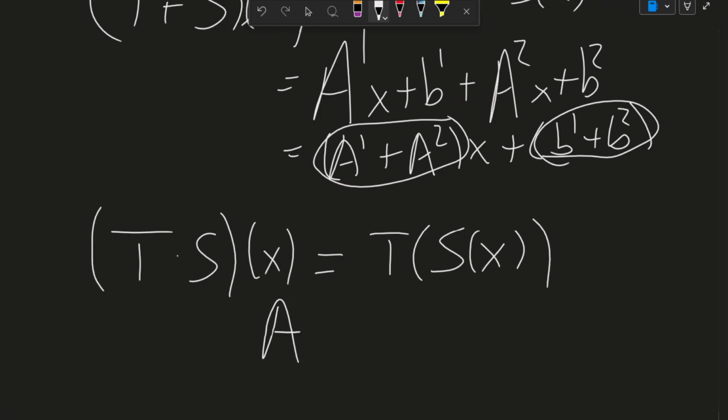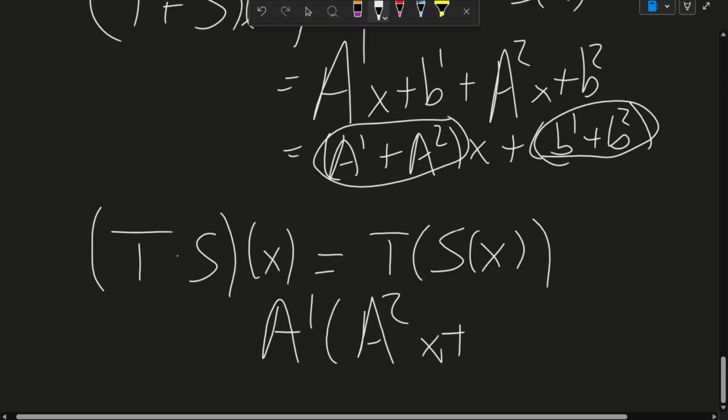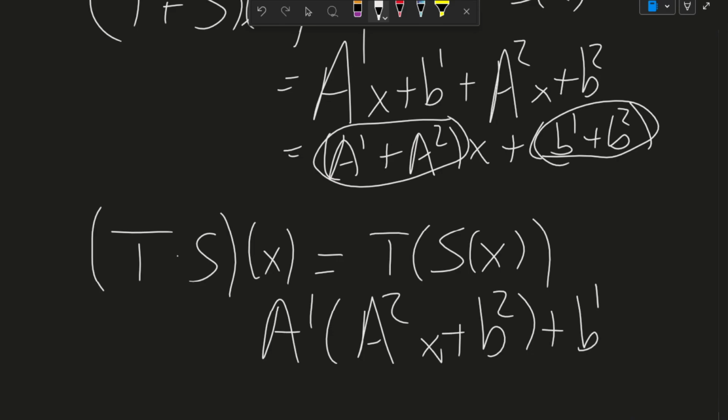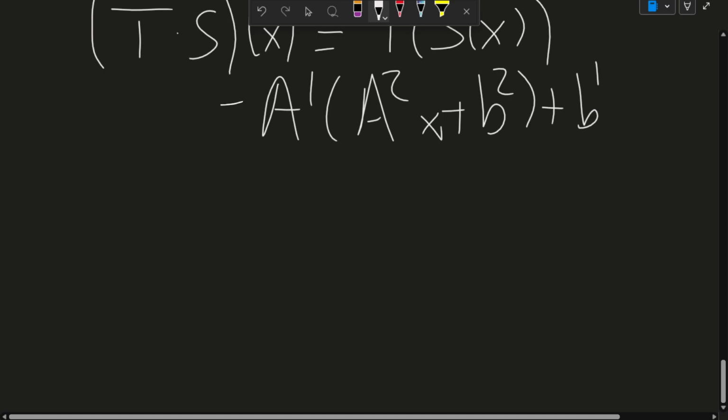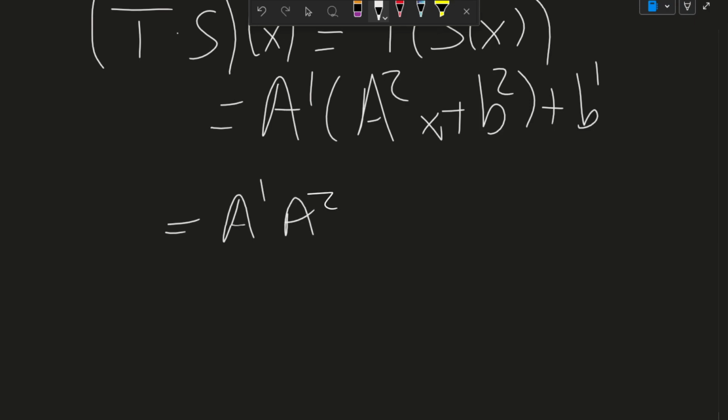We get A1 times (A2 x plus b2) plus b1. We can distribute this out, and it turns out that this is equal to A1 times A2 times x plus A1 times b2 plus b1.